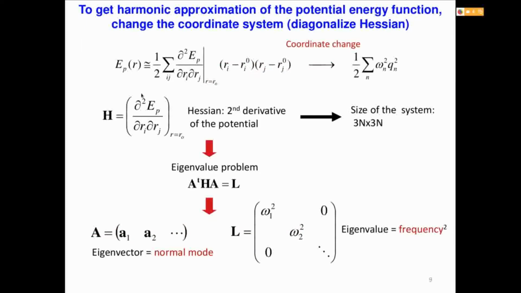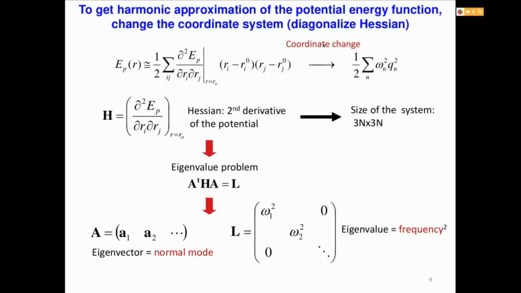To get this harmonic approximation of the potential, we need to change the coordinate system. Before that, the potential energy is approximated through Taylor expansion around the reference structure, where we keep only the second order terms.